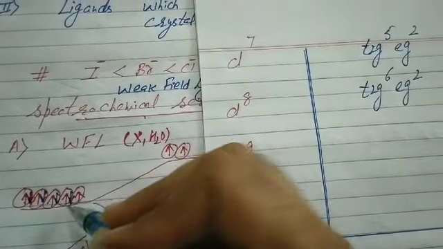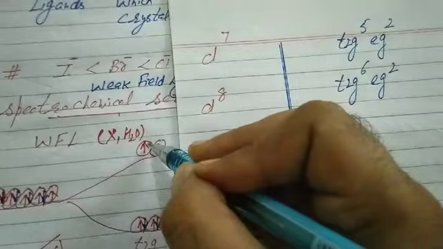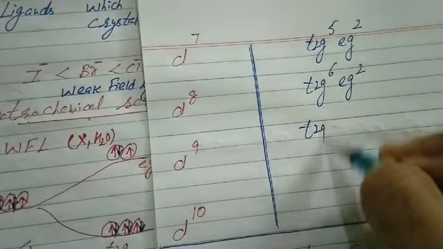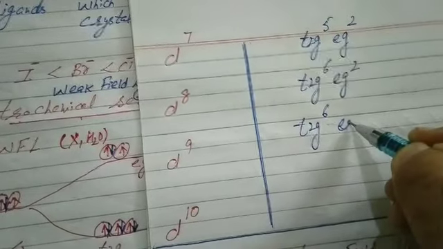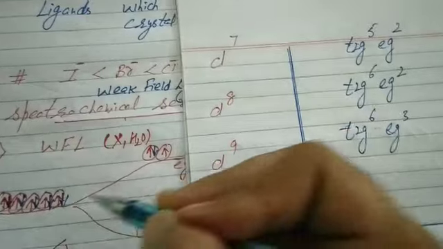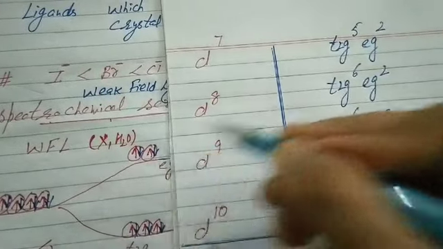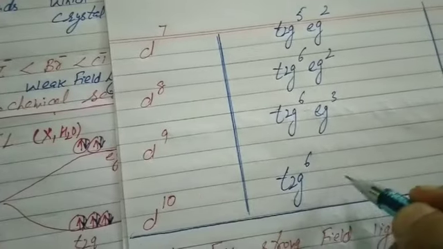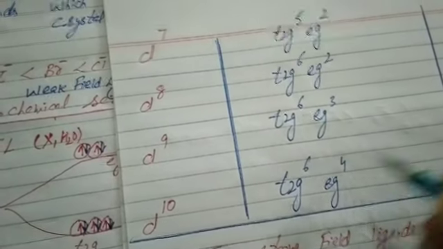That's the pattern. t2g is fully filled, and the 9th electron goes to the eg level: t2g6, eg3. Last one, d10. The electron goes here and the possible configuration becomes t2g6, eg4. That's the electronic configuration.